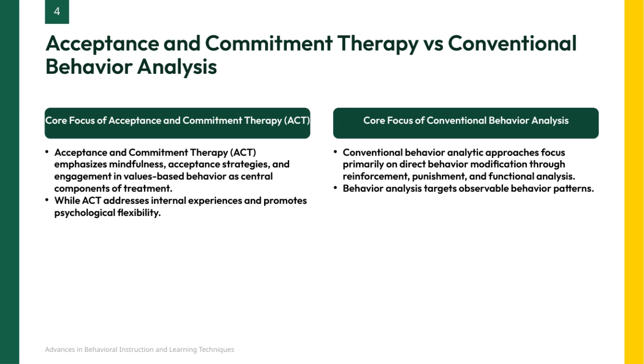On the other hand, conventional behavior analysis primarily targets observable behaviors. It uses techniques like reinforcement, punishment, and functional analysis to directly modify behavior patterns. So, while behavior analysis is focused on changing what we do outwardly, ACT takes a broader approach by also working with how we relate to our inner experiences.